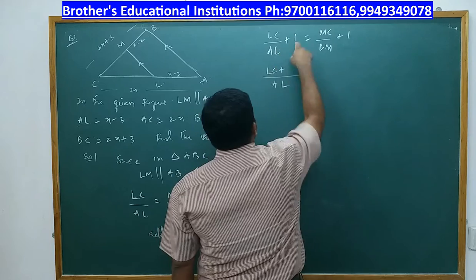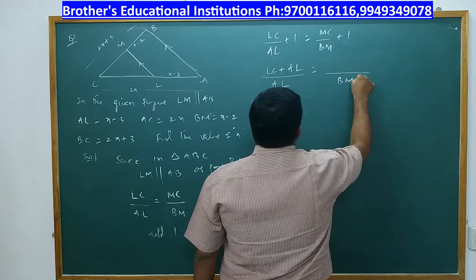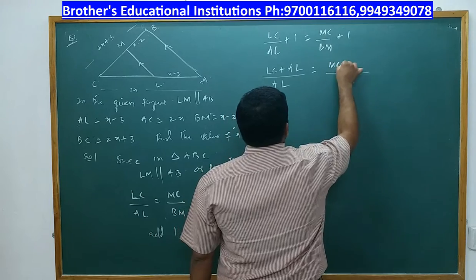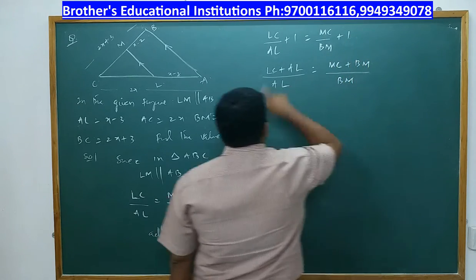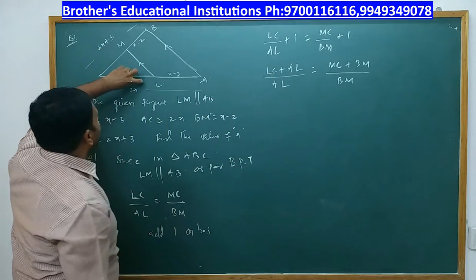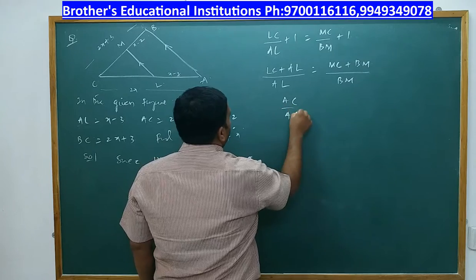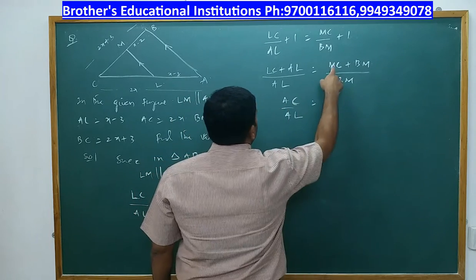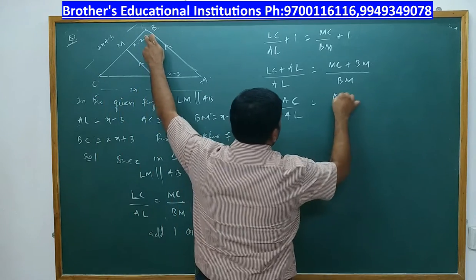AL into 1 is AL. What is the LCM here? BM. BM into 1 is BM. And you see what happens. LC plus AL will be AC. AC by AL is equal to MC plus BM, which will be BC, by BM.